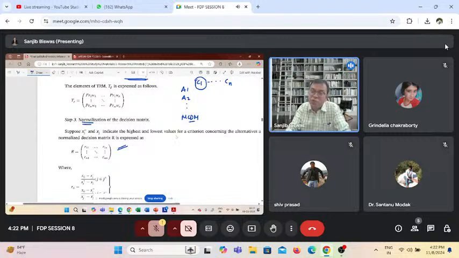So when I use the effect of all these criteria to compare the available choices, I need to nullify all those differences in ranges, scales, values, and units of measurement. I want to fix a common platform so that I can compare these alternatives. So for that, we go for normalization.